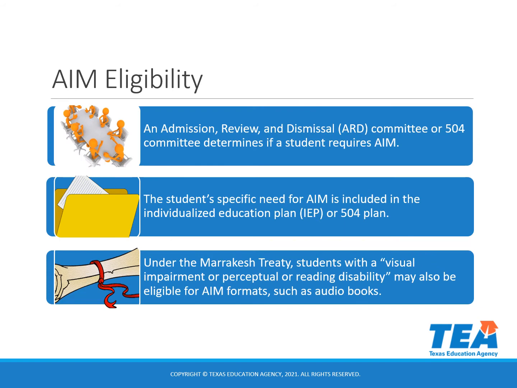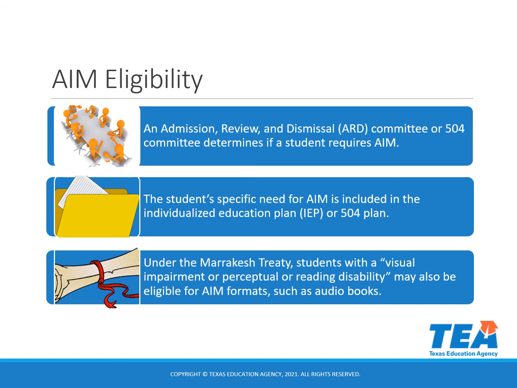An admission, review, and dismissal or ARD committee or 504 committee determines if a student requires AIM, and that student's specific need for AIM is included in their IEP or their 504 plan.